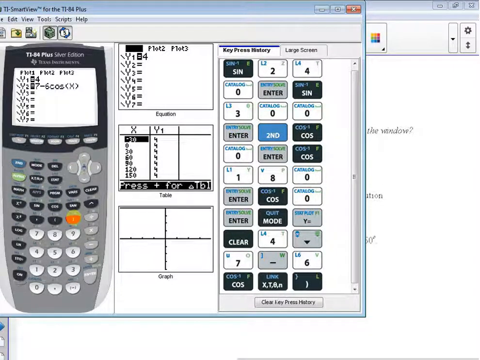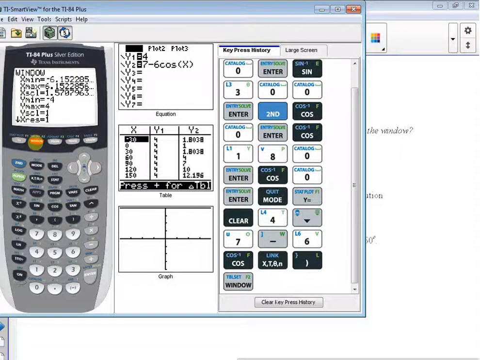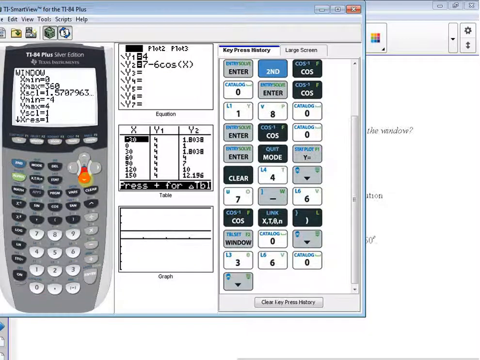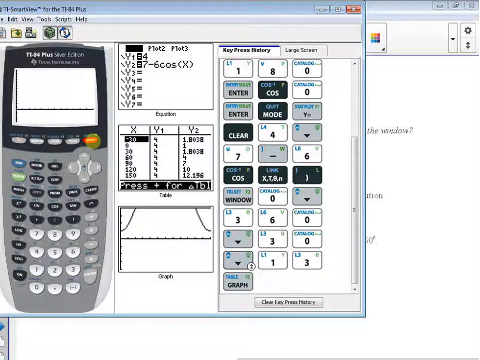And then I'm going to go into that window, and I'm going to go 0 to 360 for x min and x max. I always make my x scale 30 or 90 if I'm in degree mode, and we talked about changing that y max to 13 or 14. And then I should be able to hit graph. So that one should be a horizontal line, and there we go.